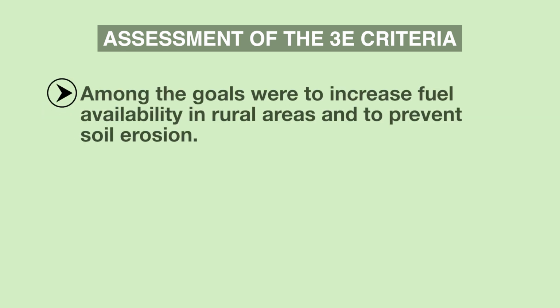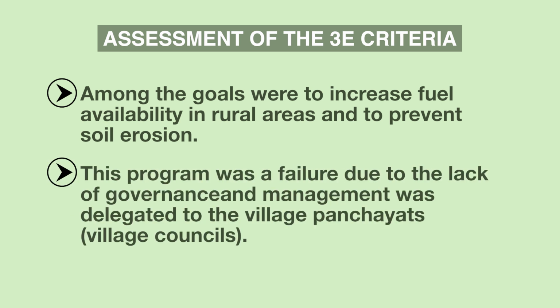Among the goals were to increase fuel availability in rural areas and to prevent soil erosion, which is a huge topic of concern. This program was a failure due to lack of governance and management and was delegated to the village panchayats or the village councils.